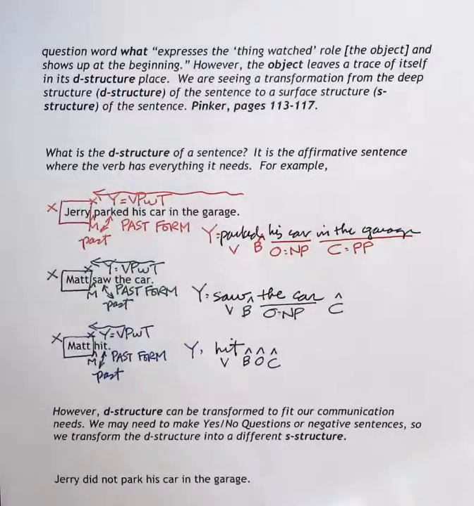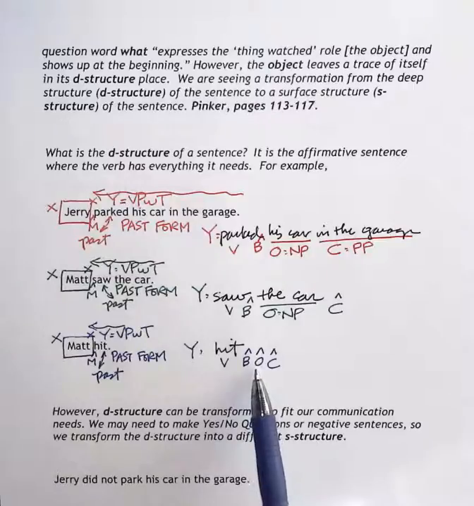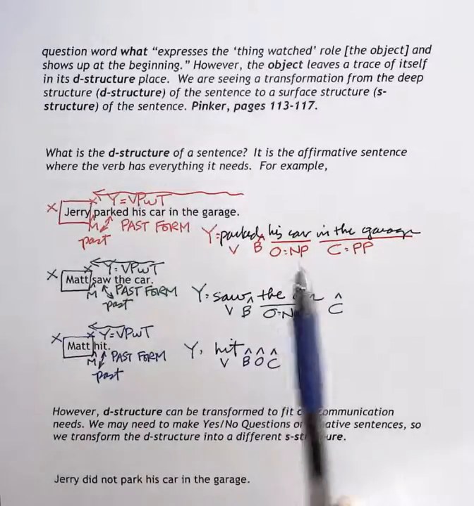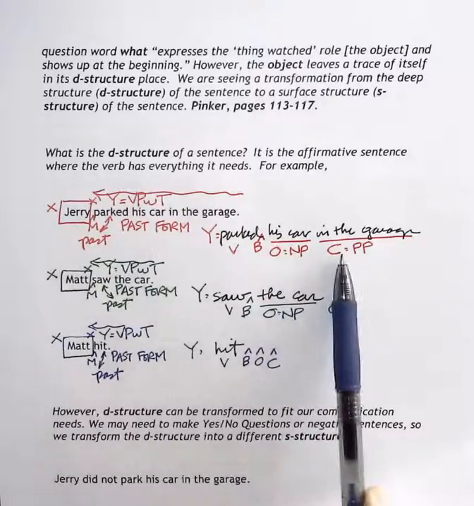Now, can I say that Matt hit is really a deep structure sentence? I'd say no, because the verb hit doesn't get everything that it requires, because hit needs an object. The object is missing from this sentence. So this is the idea that a verb really requires certain things. A verb like parked may require an object and a complement.